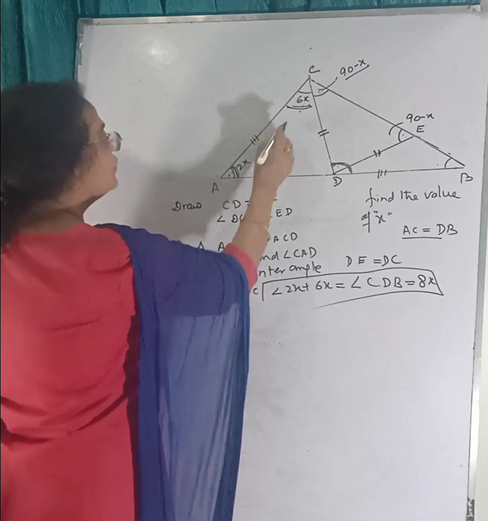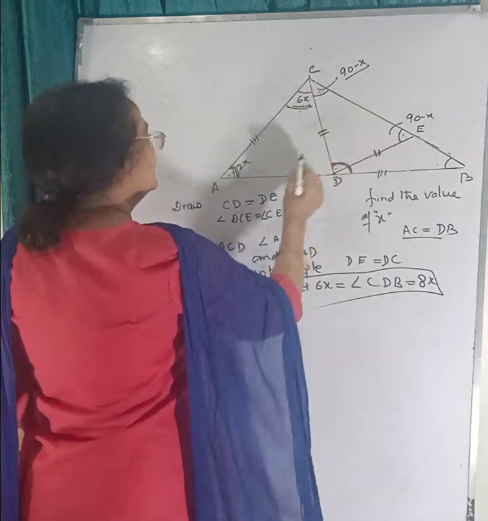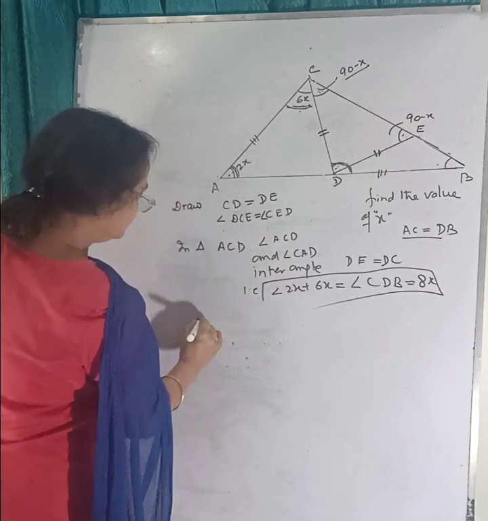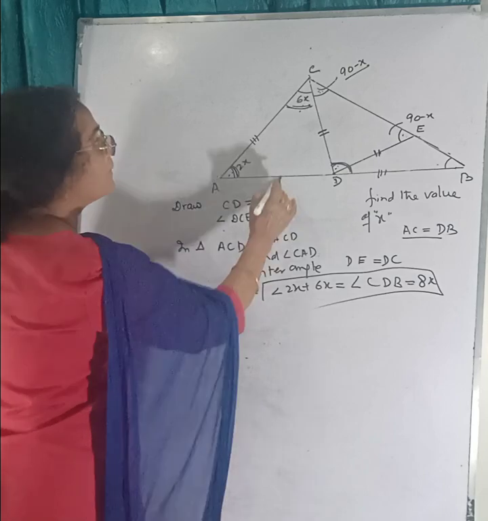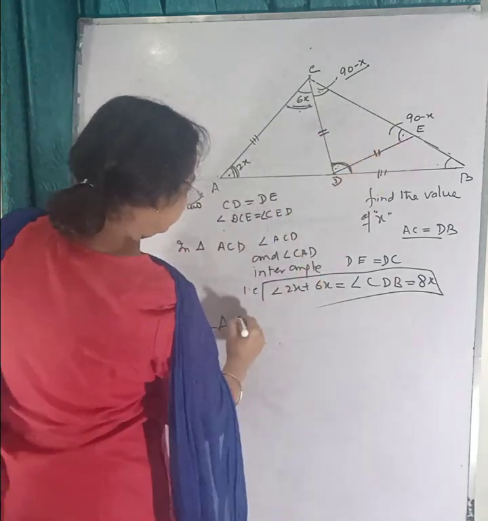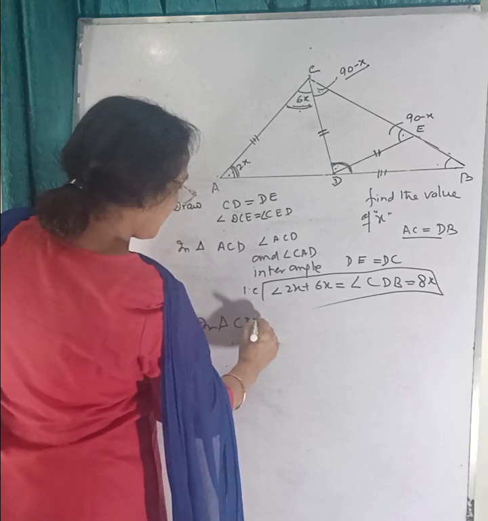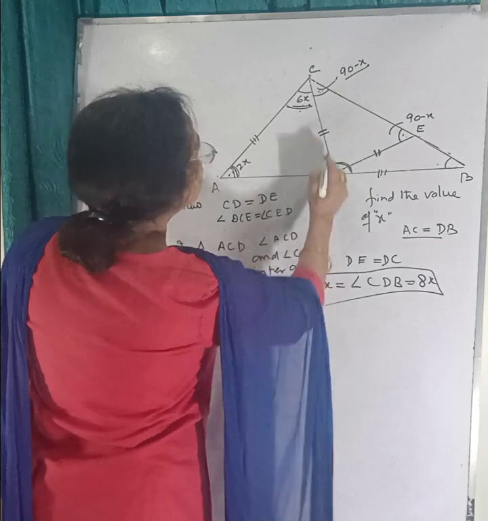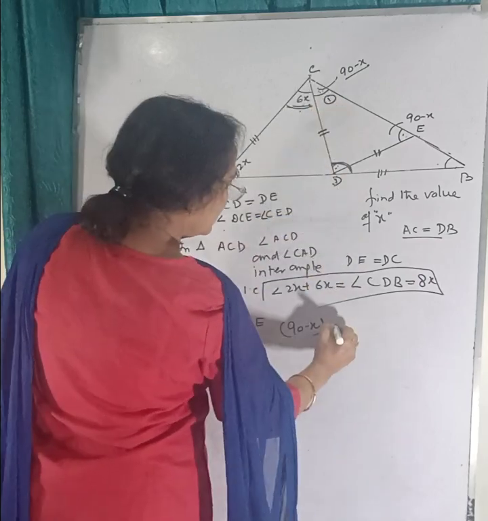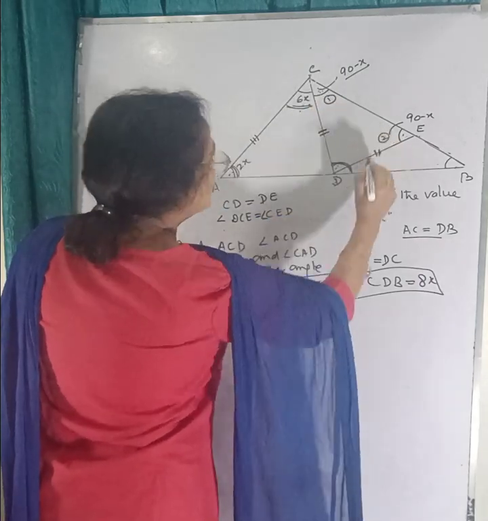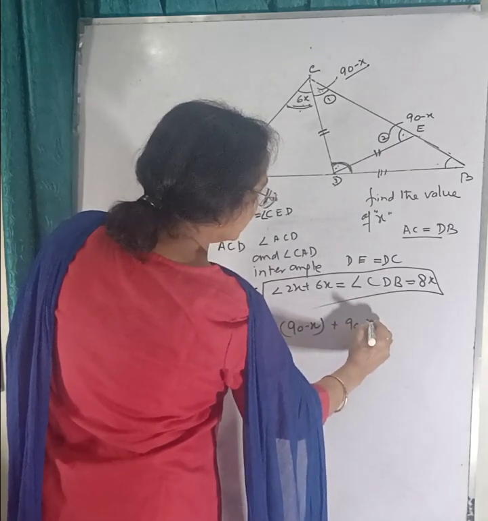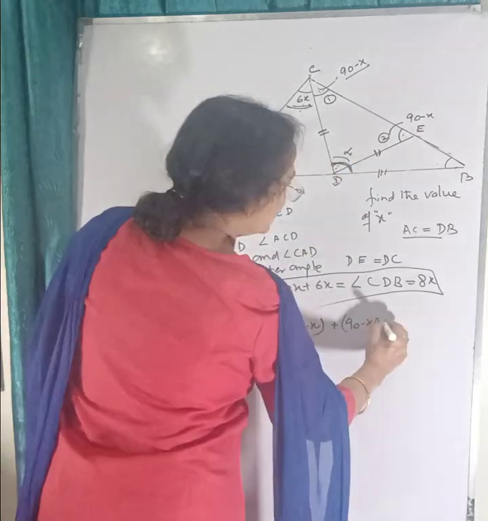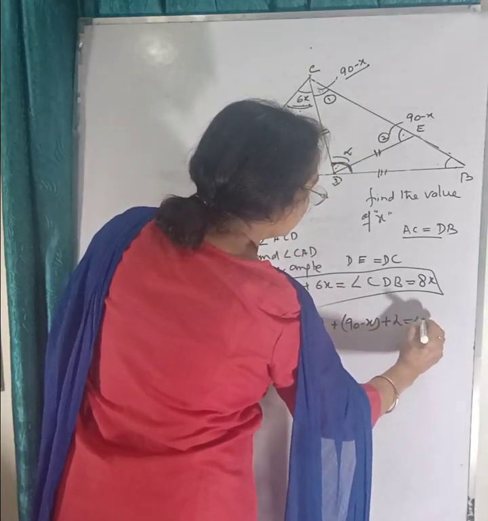In triangle CDE, 90 minus x, this angle, plus 90 minus x plus this angle, suppose alpha, plus alpha, this will be equal to 180.